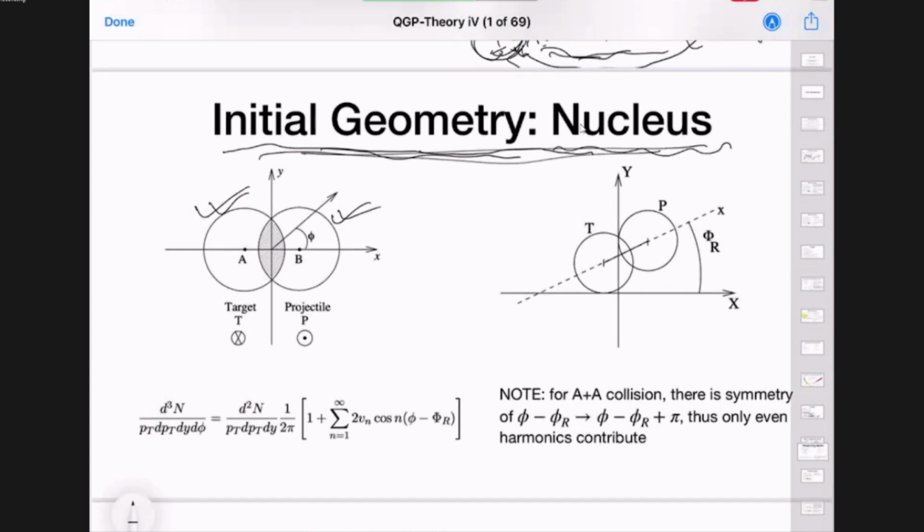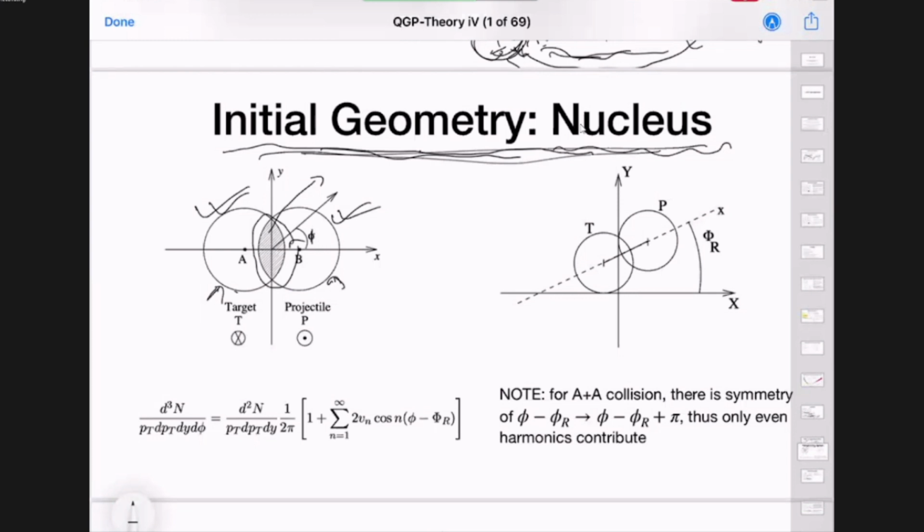So the nuclei here are being represented by these circles. So this is like a transverse cross section, and so the overlap region is what you get, like an ellipse, right? And so once you have this, automatically you see there is a phi dependence. There is this azimuthal dependence that you can put in your initial condition, right?